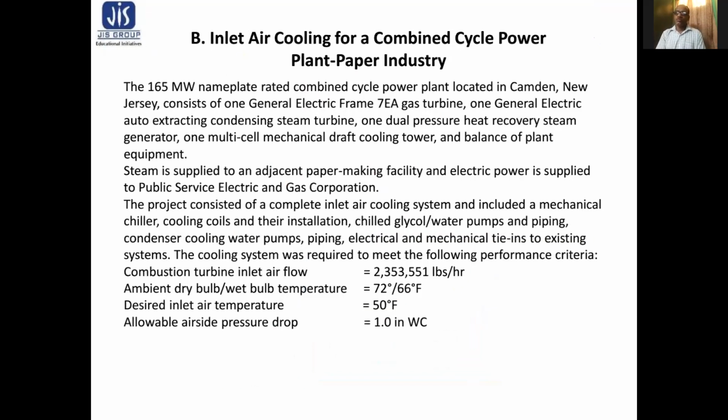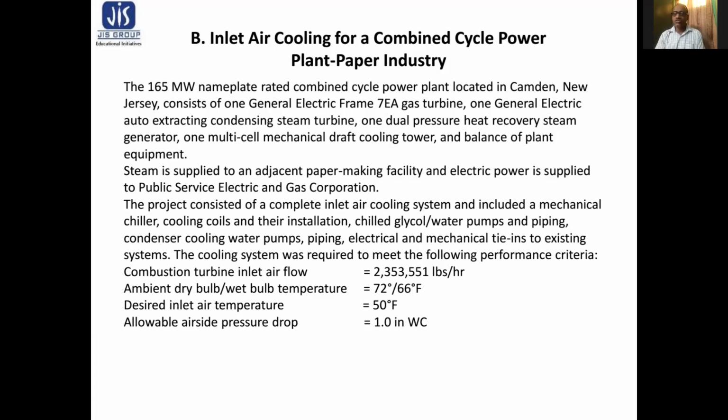So now the second case study is a paper industry, which has inlet air cooling for a combined cycle power plant. In this plant, a 165 megawatt nameplate rated combined cycle plant is located in Camden, New Jersey.